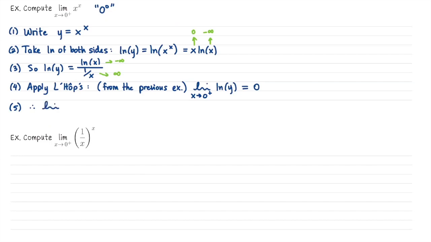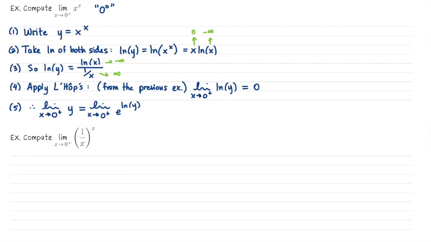We exponentiate both sides. The limit as x goes to 0 from the right of y is going to be, and you don't have to write all of these steps, I'm just showing where this argument comes from, but this is the limit as x goes to 0 from the right of e to the natural log of y. And then e is a continuous function. This is composition, e to the natural log of y.